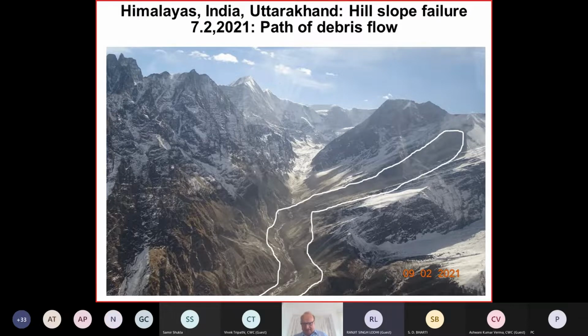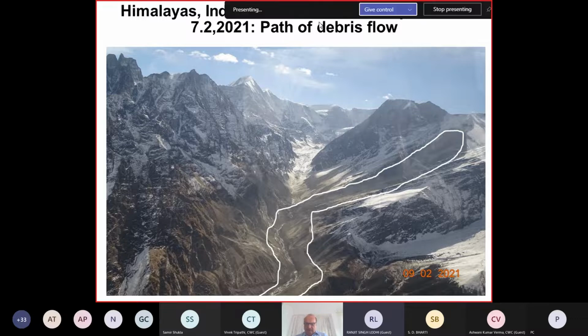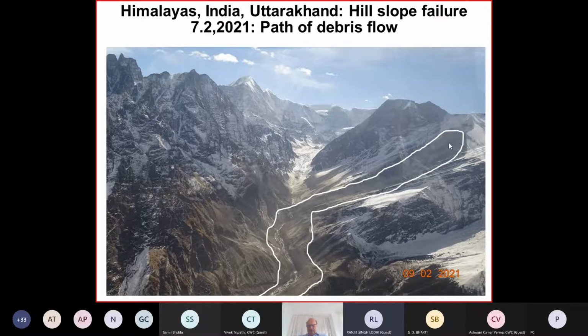We have some similarity. This is in early February, and this is a photo I've got from a presentation of Mr. Vishnoi from Terry, and he has marked here the origin of this ice and rockfalls, which then propagated through this valley here, and along this valley there were some hydropower developments going on.